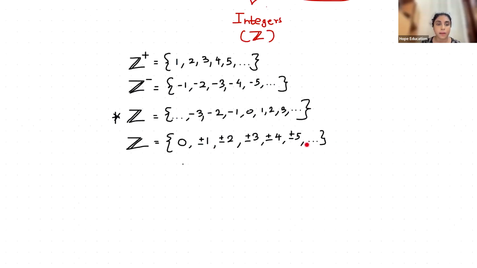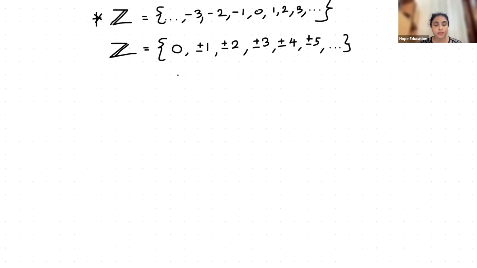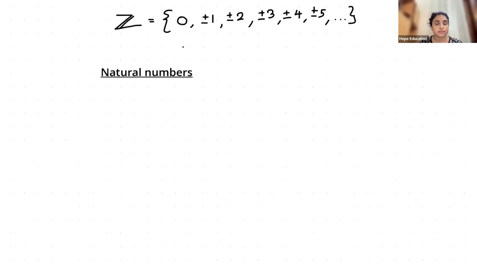Put a topic, natural numbers. Just like integers, put a subtopic, natural numbers. So you can write a point.